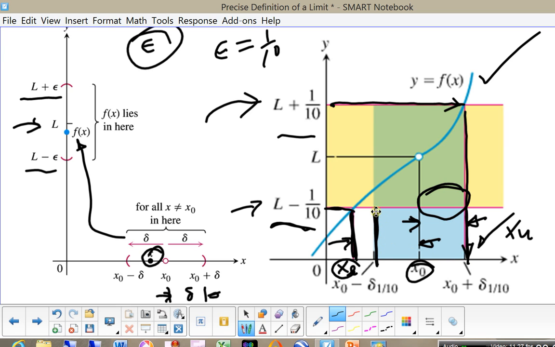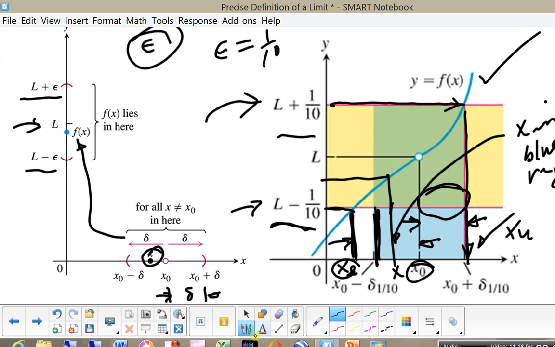And you pick a uniform interval around x naught. And so if x is in the blue region, you can see from the function that, for instance, if you pick this to be x, then f of x is going to be within epsilon of L.